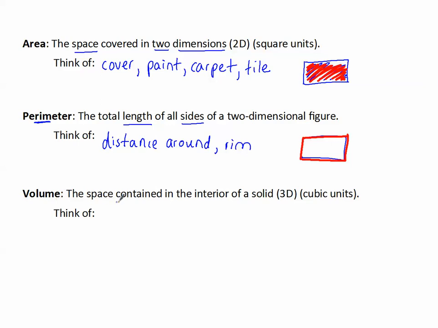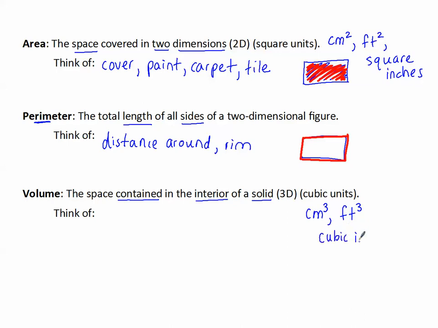Volume is the space contained in the interior of a solid. A solid is 3 dimensions, and we use cubic units. The difference between saying cubic units and square units is when I say like centimeters squared versus centimeters cubed, or feet squared versus feet cubed, or square inches, where I write it out, versus cubic inches, where I write it out.